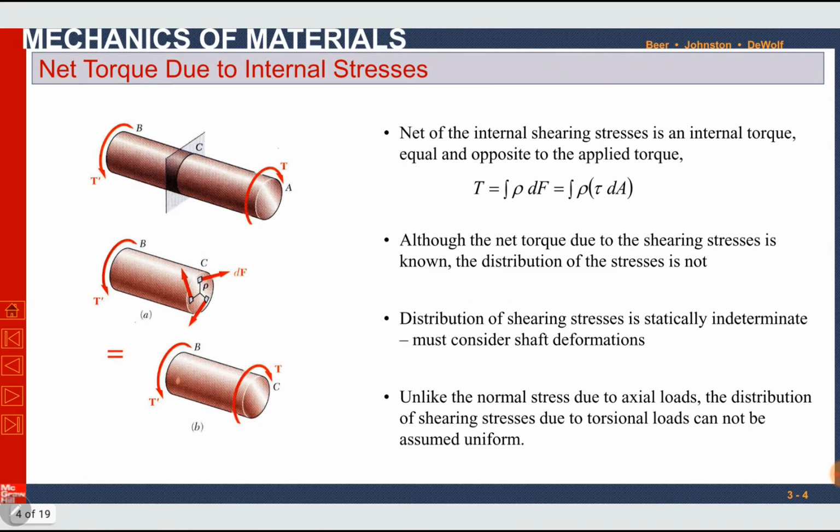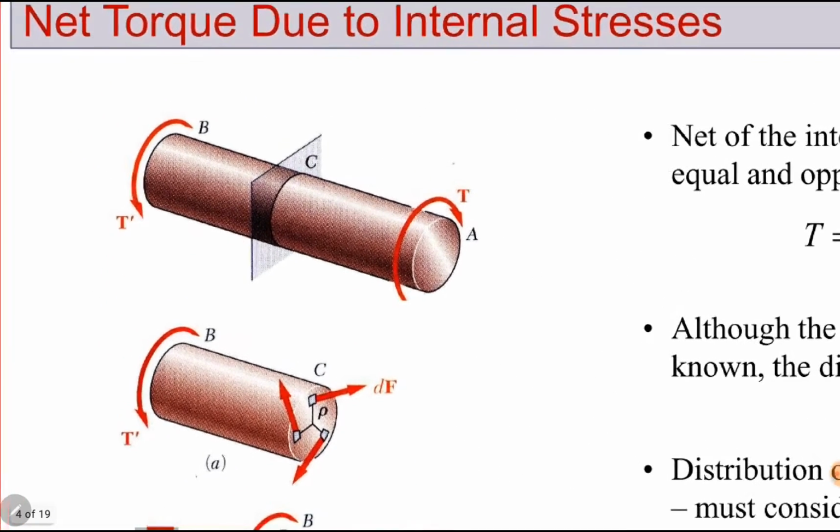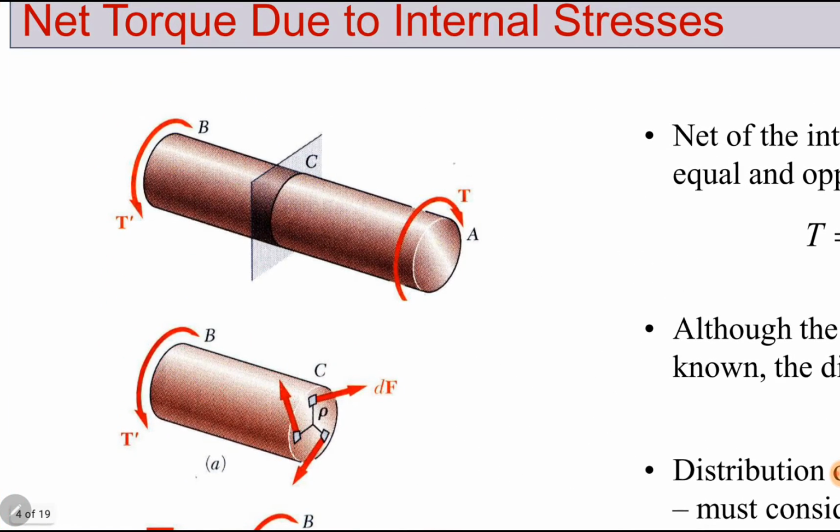If we move further, here's a bar AB under torque or torsion.